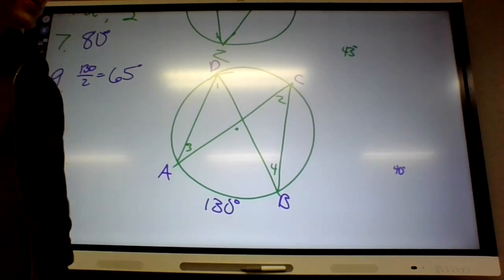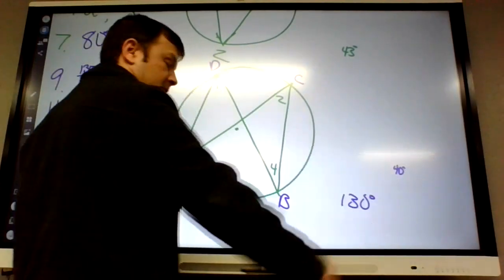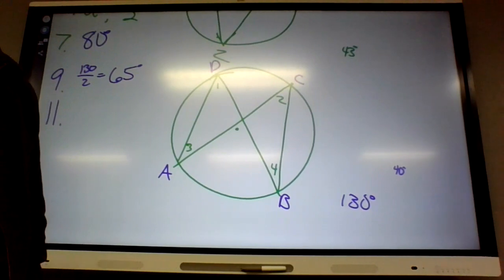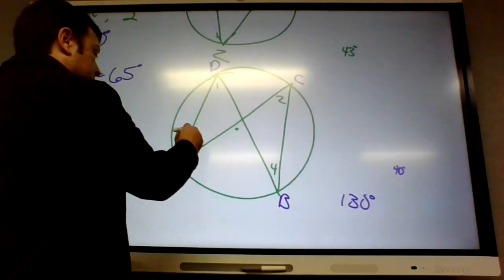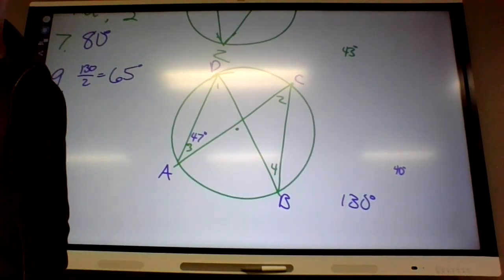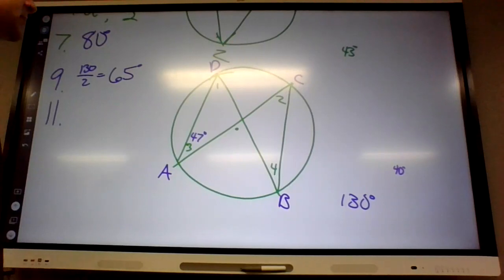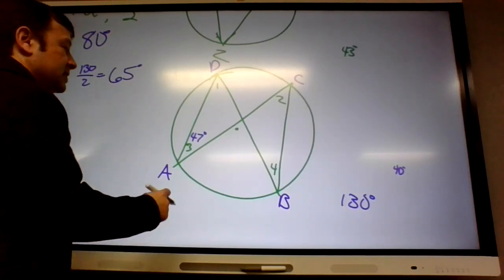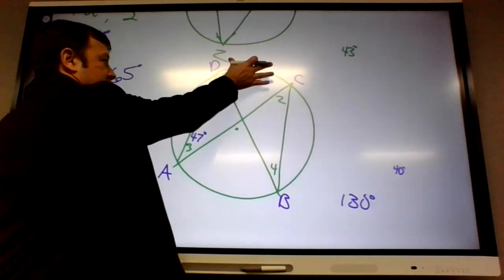Number 11. Okay, let's get rid of that guy. All right. If measurement of angle 3 is 47, okay, that guy. Find the measurement of arc DC. It's kind of like number 7. So this angle hits arc DC.